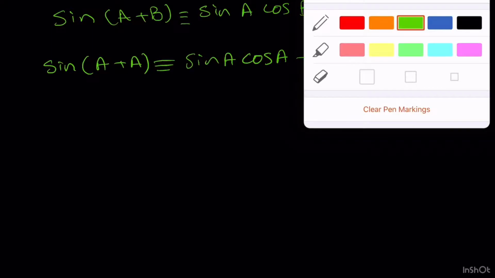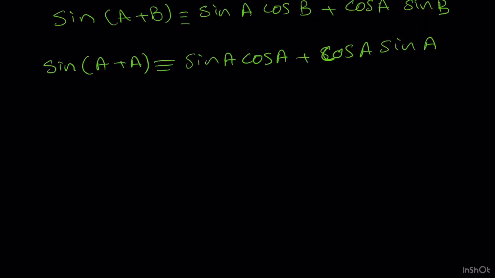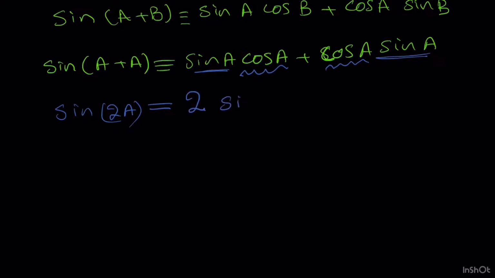Now we have a plus a, so that's sine 2a. There is sine a here and sine a here, and cosine here and cosine here, so we can just write sine 2a equals 2 sine a cosine a. Say yes. Good.